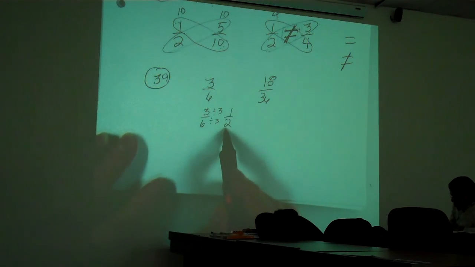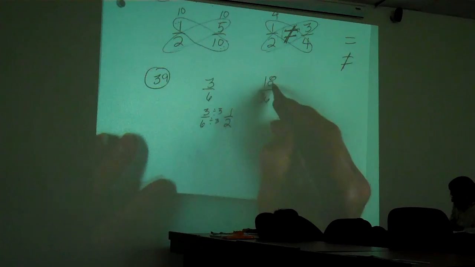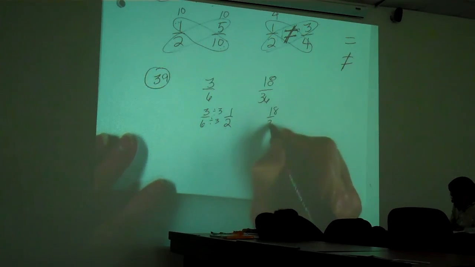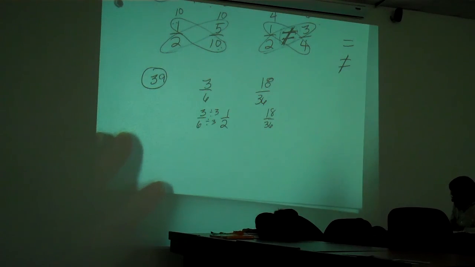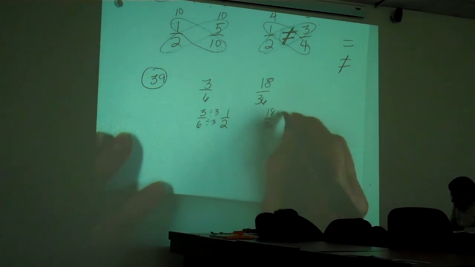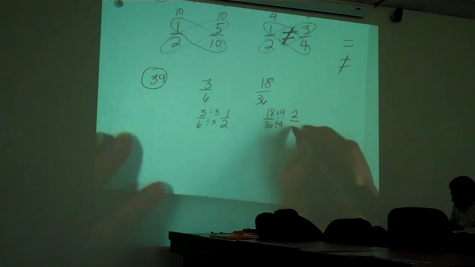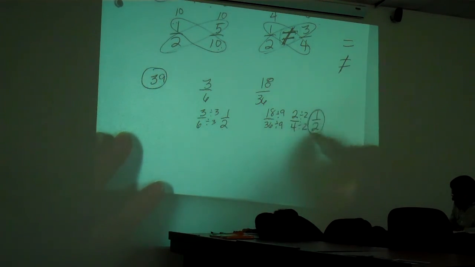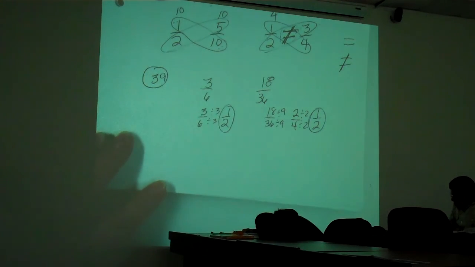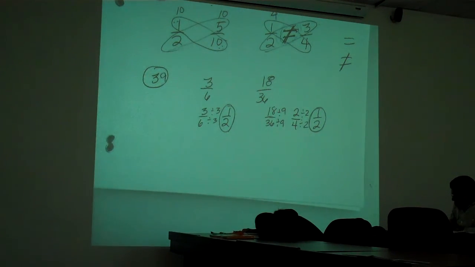So 3/6 is the same as a half. If you do 18 over 36, go ahead and reduce it to lowest terms. Let's see, divide by 9, you have 2/4. Divide by 2, oh, we have a half again. See, if they reduce all the way down to the exact same fraction, then you know they're equal.